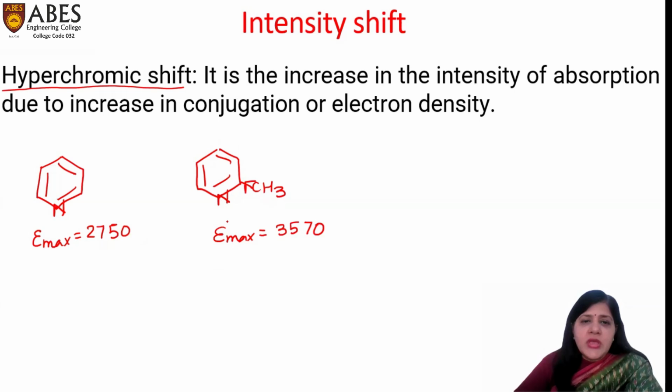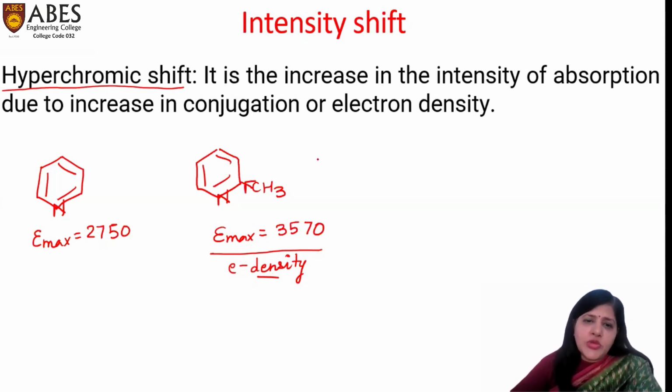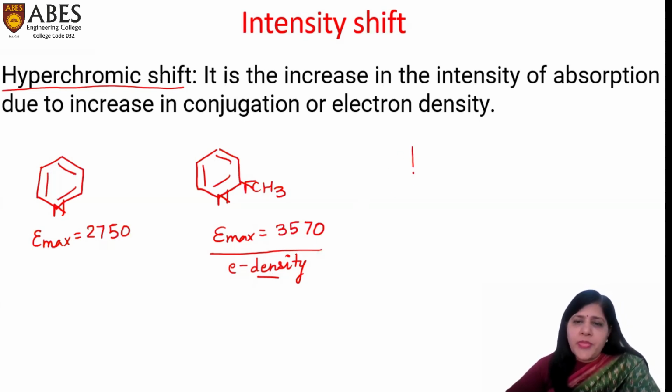Due to this, more absorption of radiation takes place. So this more absorption is due to increased electron density in methylpyridine. This is hyperchromic shift, when intensity of absorption is increased.